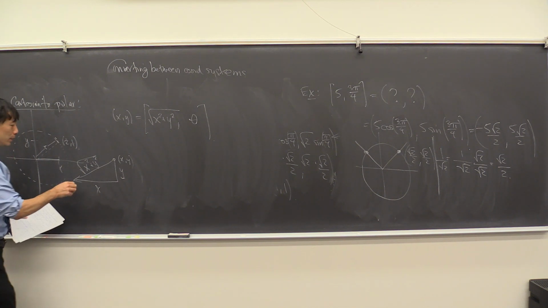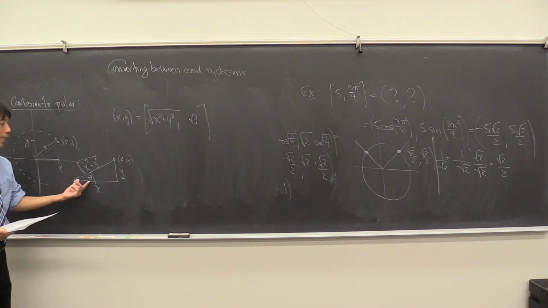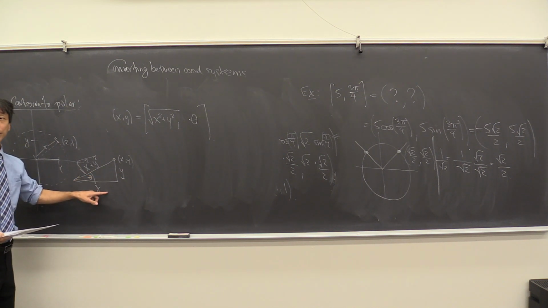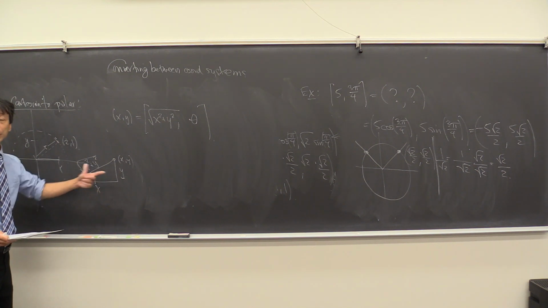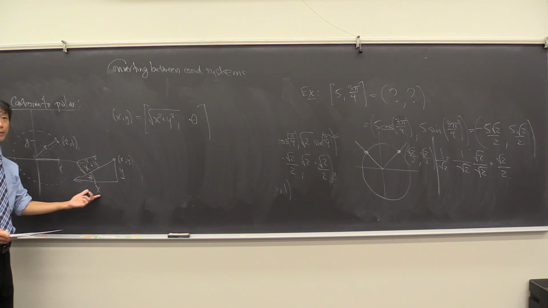The way you get the angle is by noticing that the tangent of this angle is y over x. So this angle is the inverse tangent of y over x.